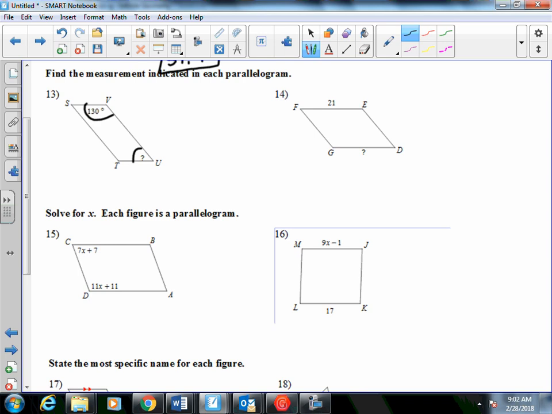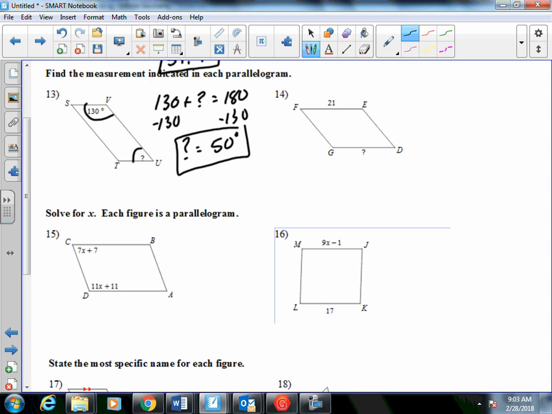And so we're trying to figure out angle U. Those two would be consecutive angles, one coming right after the other going around the figure. So we know that those two have to be supplementary. So 130 plus that question mark angle has to equal 180. Subtract the 130. And the missing angle is going to be 50 degrees.